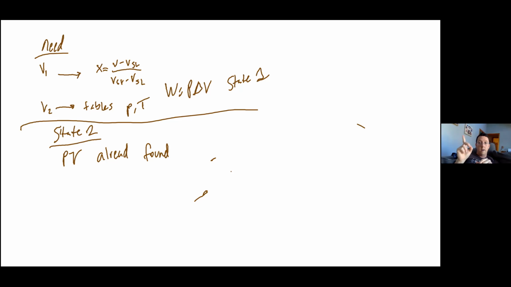Yes, for an isobar, only for an isobar. Really I would be saying work equals Q minus delta U, right? But for an isobaric process, Q is delta H. That's all I'm saying. You can do it either way, you'll get the same answer.